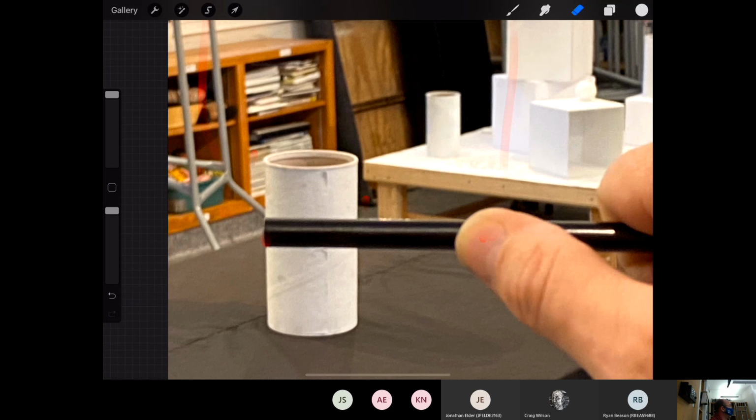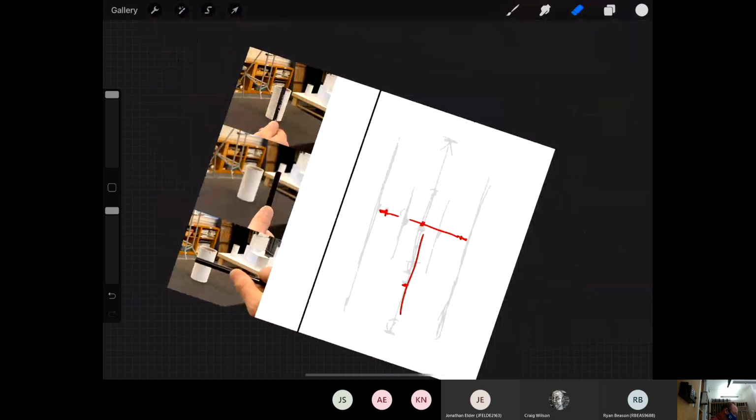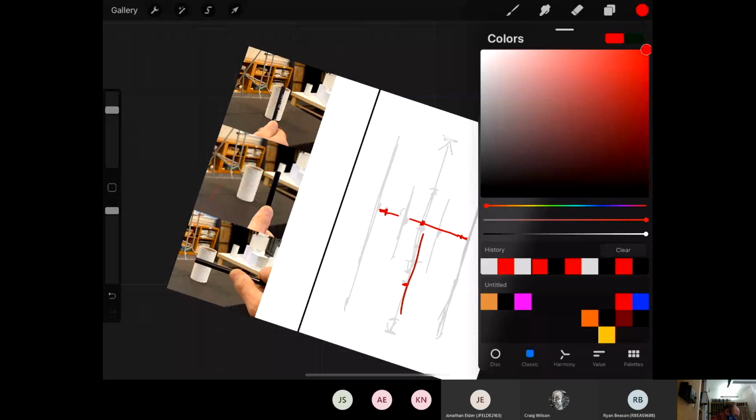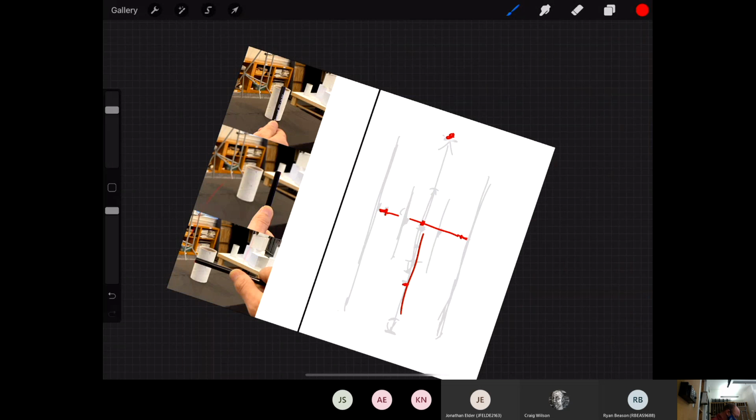Okay, well, right now on our page, we know the height and the width of our shape, okay? We know that this is the back edge of the ellipse, right? So what we're trying to do is find it. Is it here? Is it here? Is it here? We don't know, right?